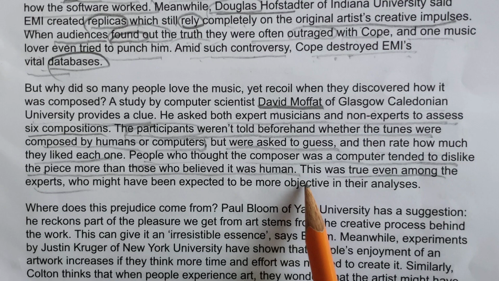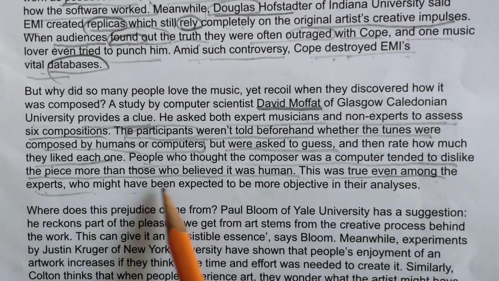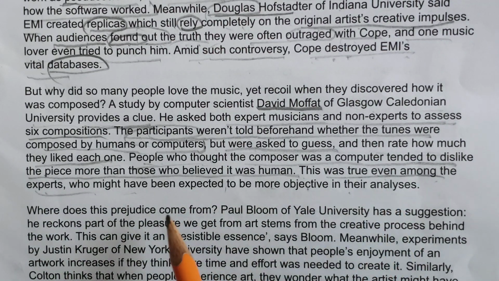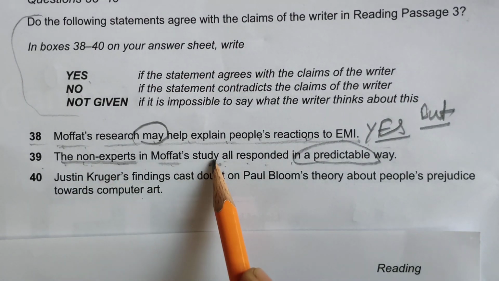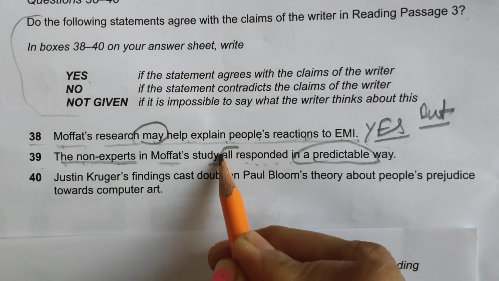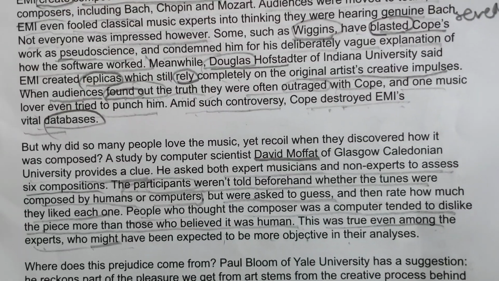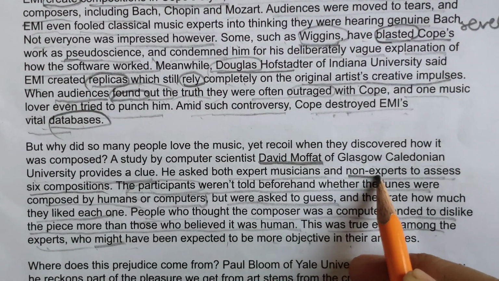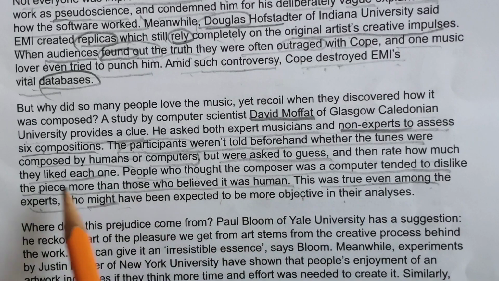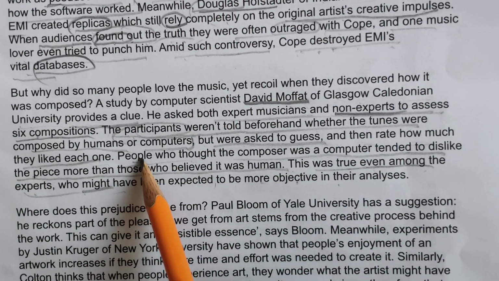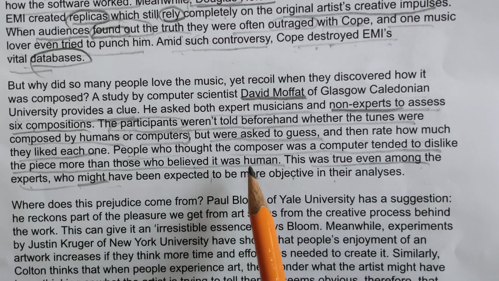Okay, let's read it further. This was even among the experts who might have been expected to be more objective in their analysis. The non-experts in Moffat's study all responded in a predictable way. Where are the non-experts? They are given to assess six compositions. The participants weren't told beforehand. Okay, we already know what is written over here. People who thought the composer was a computer tended to dislike the piece more than those who believed it was human.